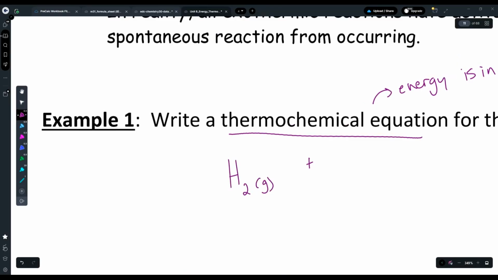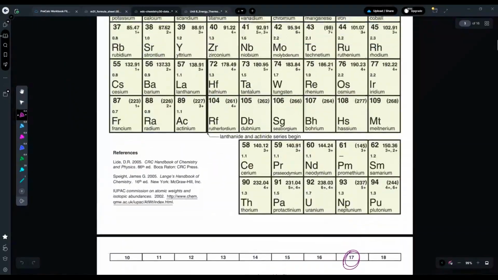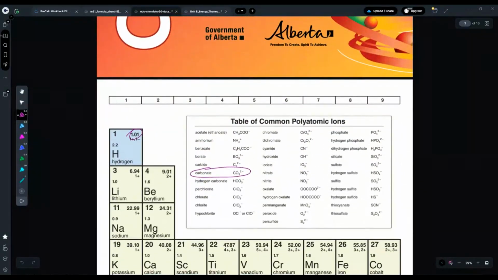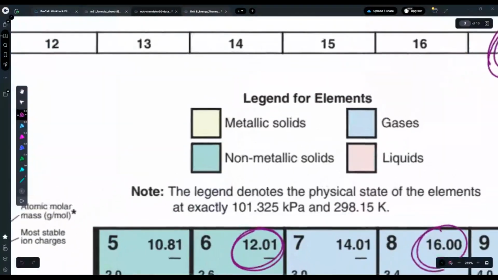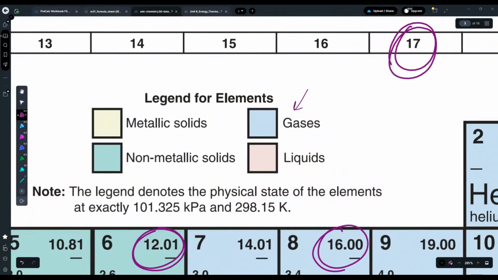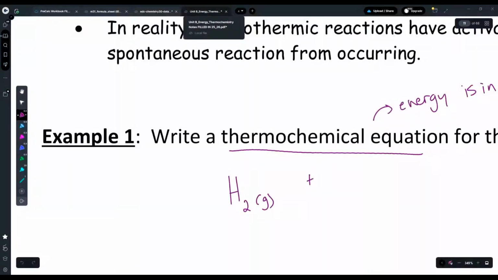Okay, so how I know it exists as a gas: if we go to our periodic table and find hydrogen, it's colored blue. And if we look at our key, blue means that it is a gas. Okay, if you're thinking to yourself, diatomic elements, it's been a hot minute since I've taken a chemistry class, what exactly is that? Diatomic element just means whenever it's by itself, there's always 2 atoms of it.